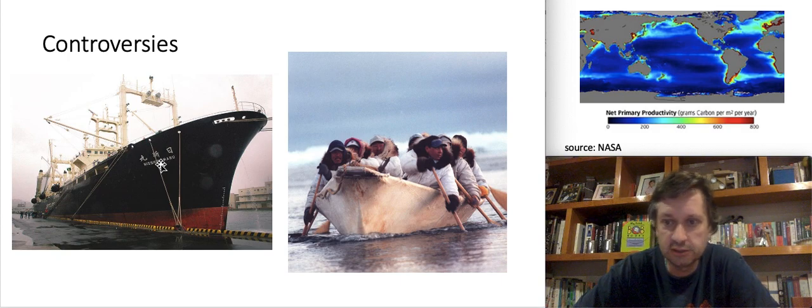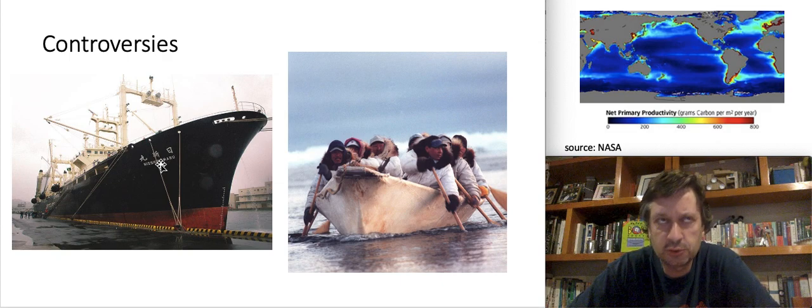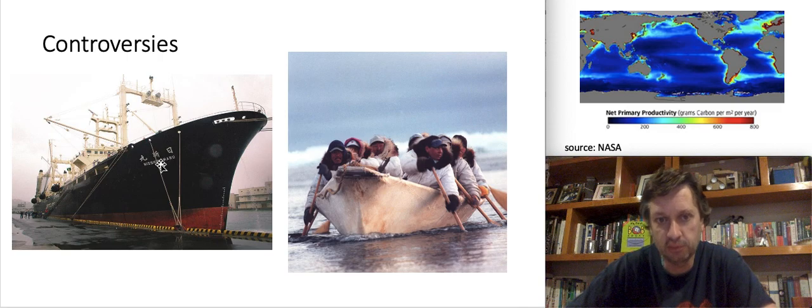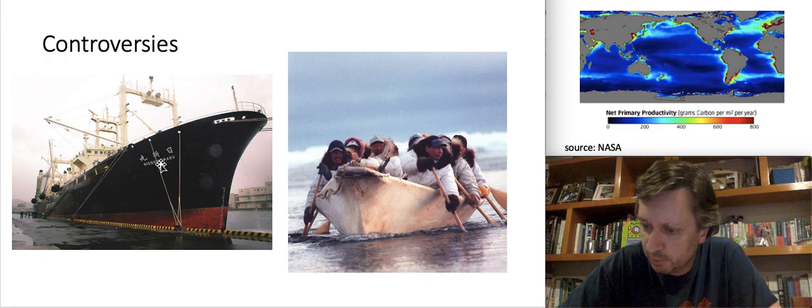Other countries that continued to whale included Norway and Iceland. In 2019, the Japanese decided outright to say that they were withdrawing from the agreement completely and they would just continue whaling.